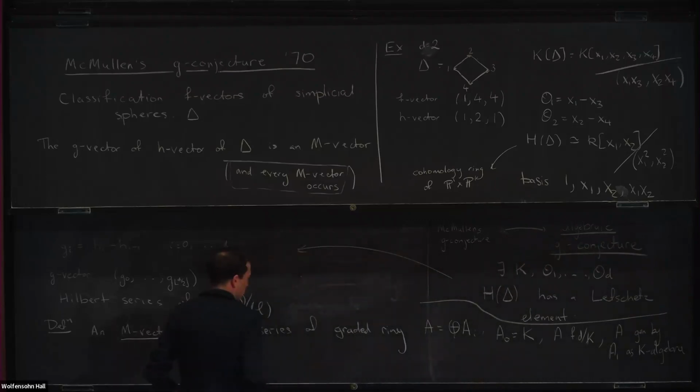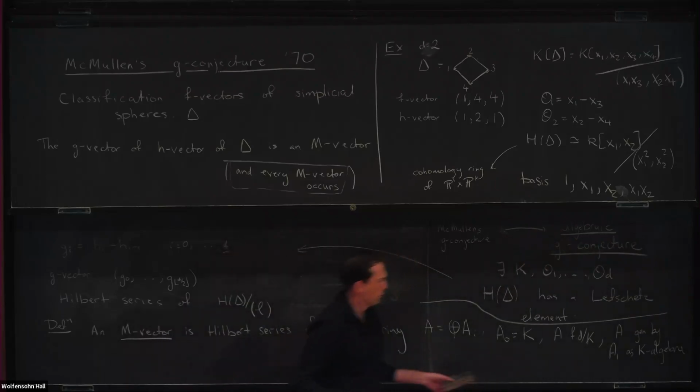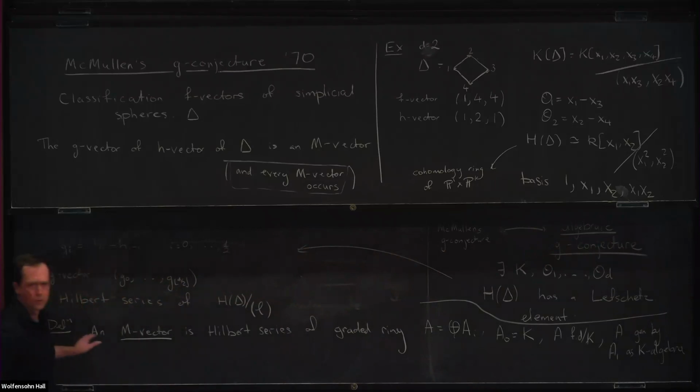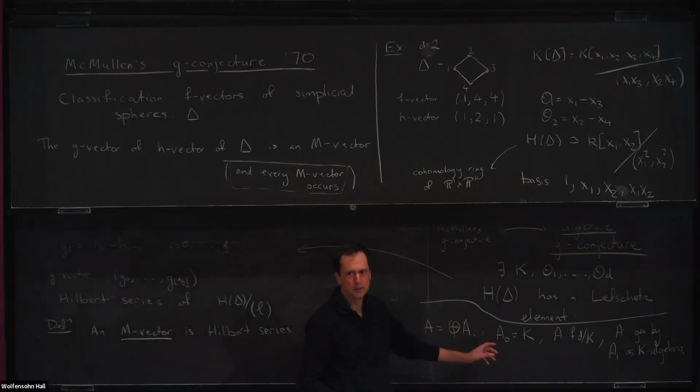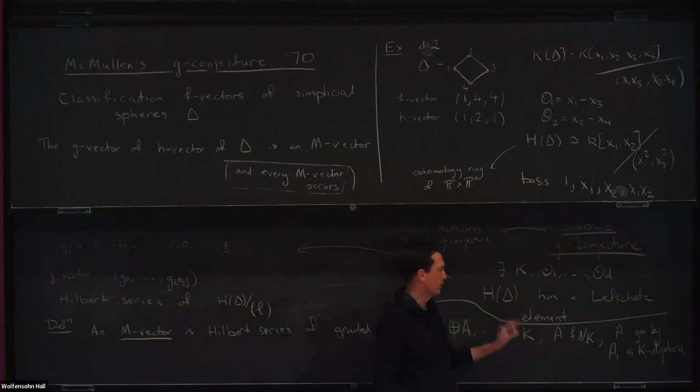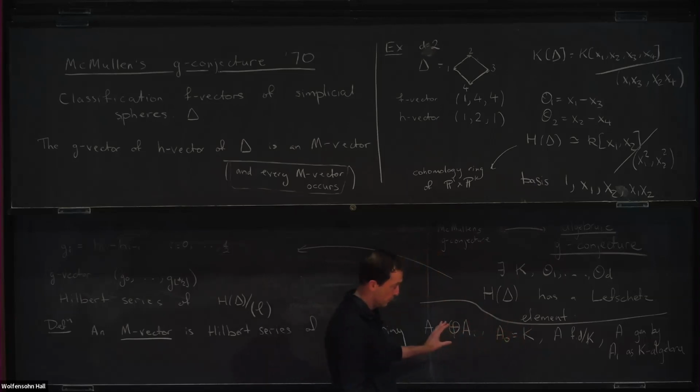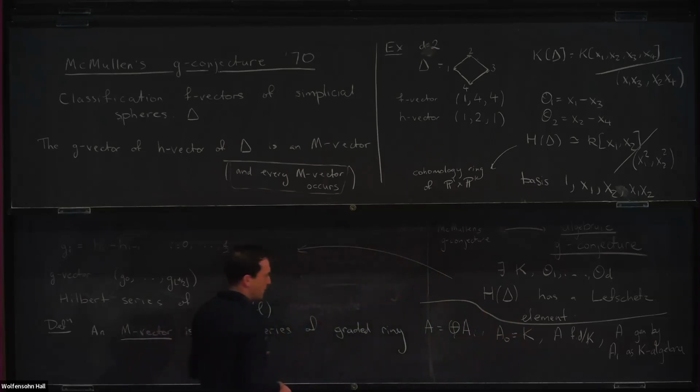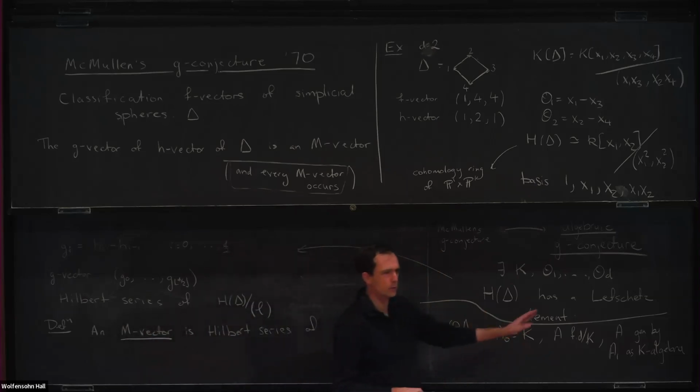M is for Macaulay. So Macaulay classified these. This is the commutative algebra definition. There's a few equivalent definitions. There's a purely combinatorial definition, which I'm not going to give you. It's a little unenlightening unless you know how Macaulay proved this. But M vectors are totally classified by Macaulay.